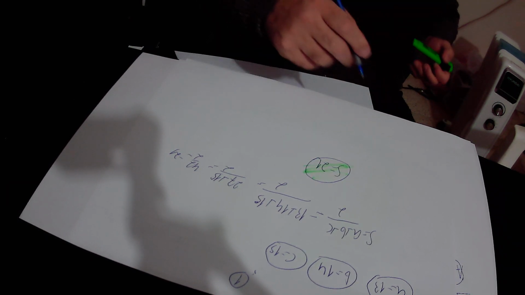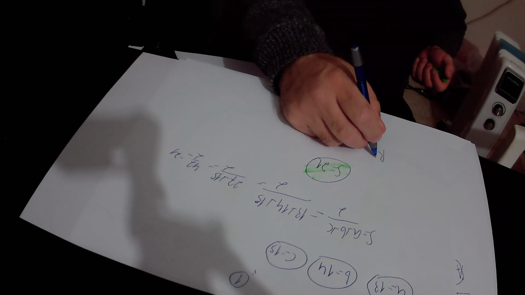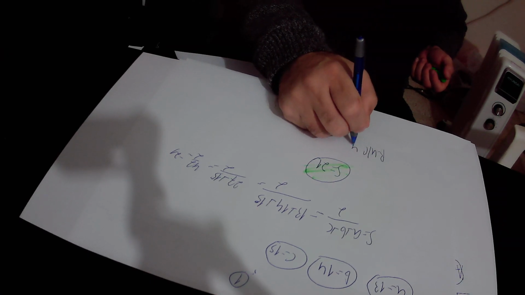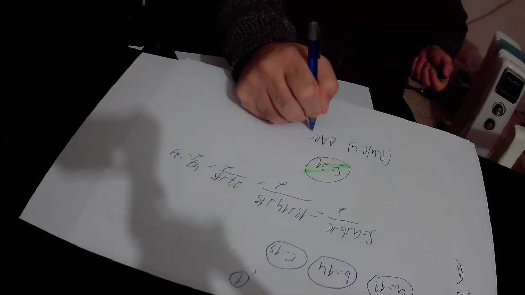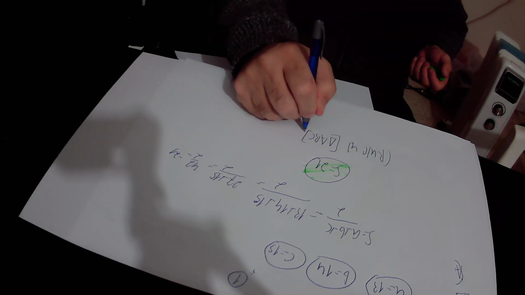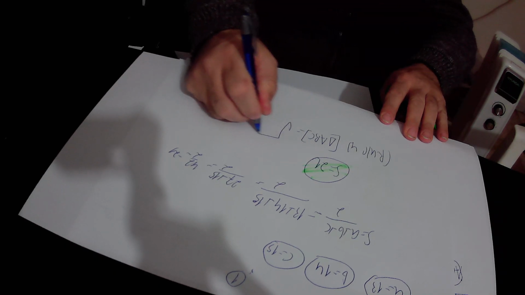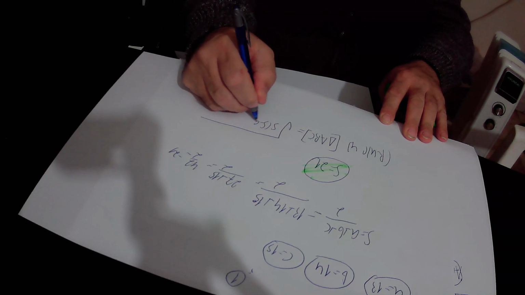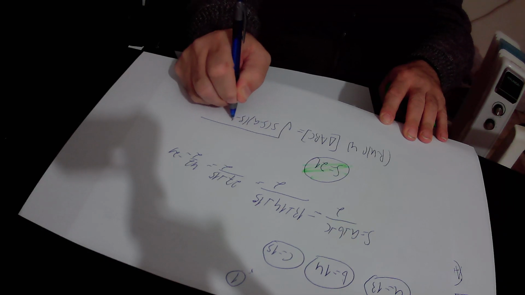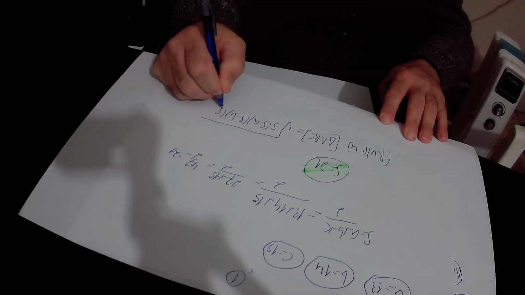And according to rule number 4, the area of our triangle ABC equals the square root of S times S minus a times S minus b times S minus c.